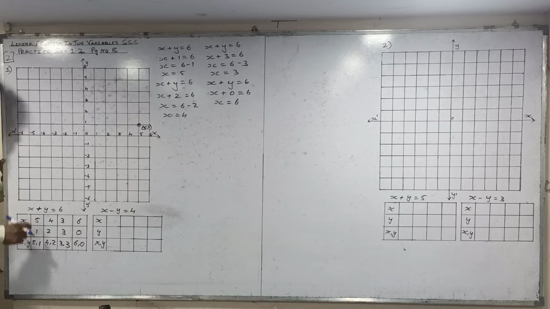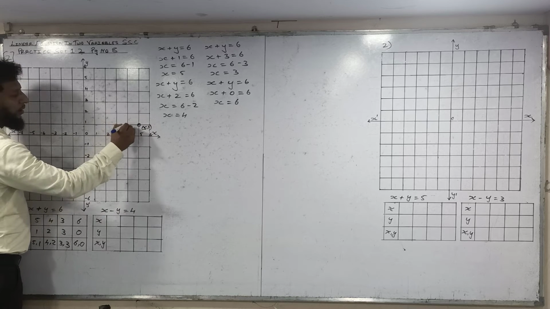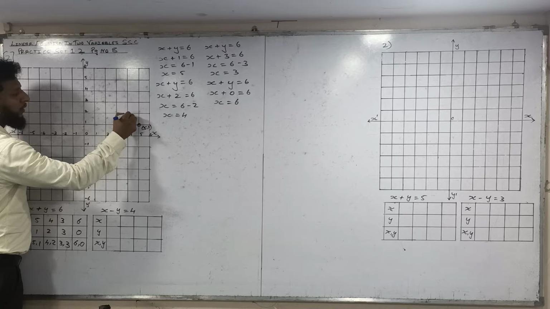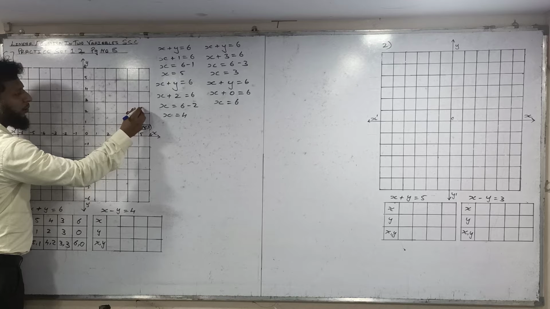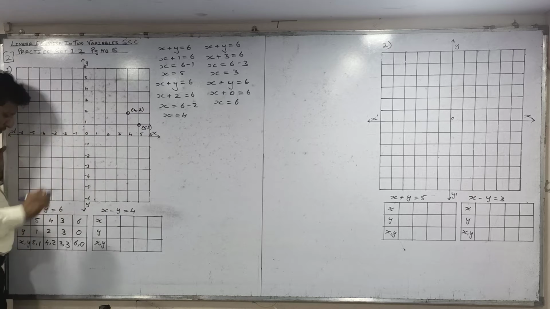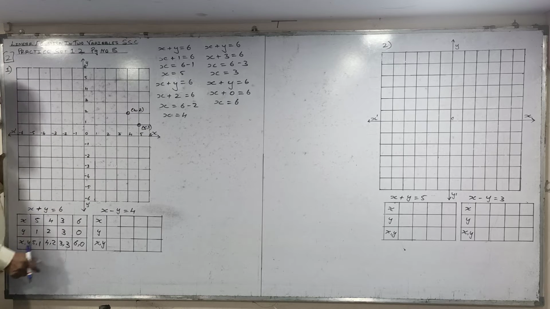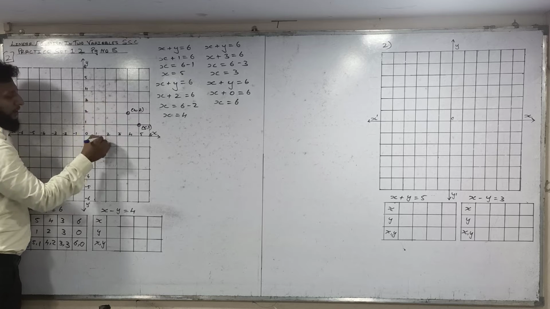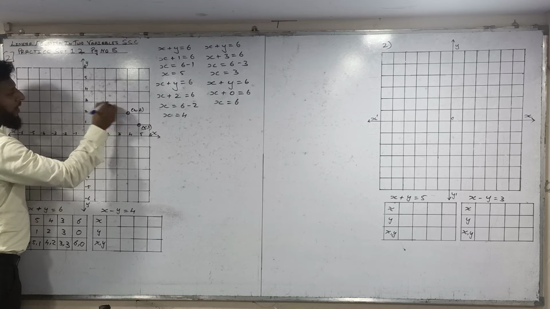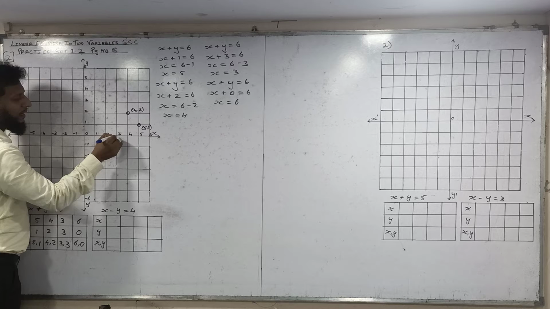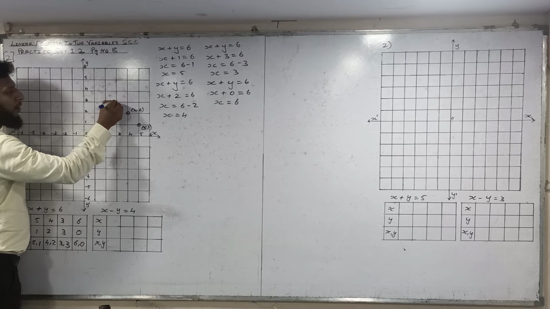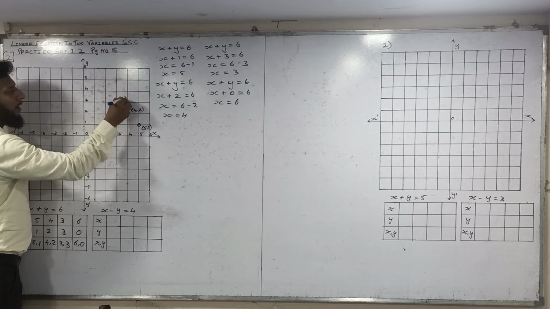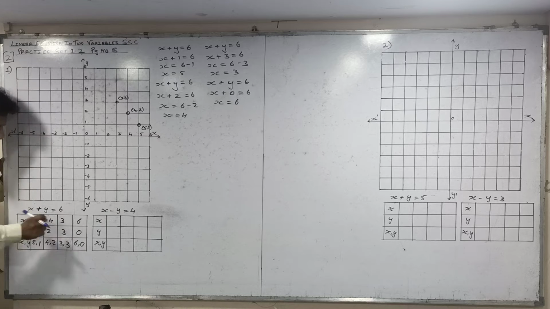Next, 4 and 2: x value 4 and y value 2. Then 3 and 3: x value 3 and y value 3. First you have to see x, then you have to see y. Okay, 3 and 3. Now 6 and 0.